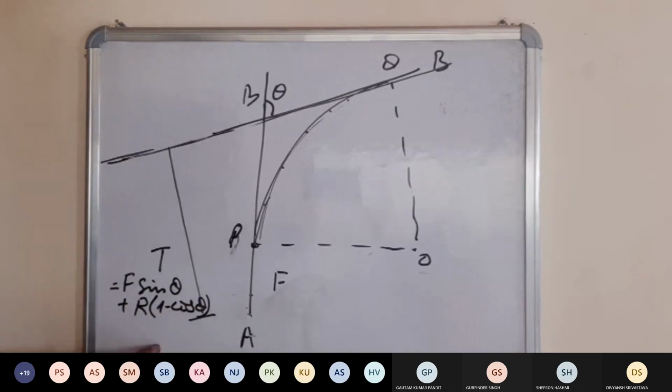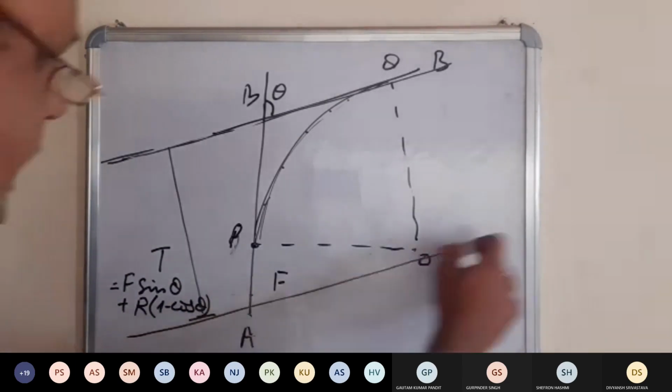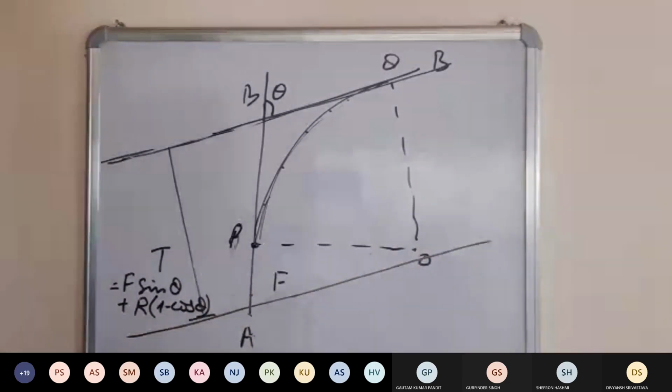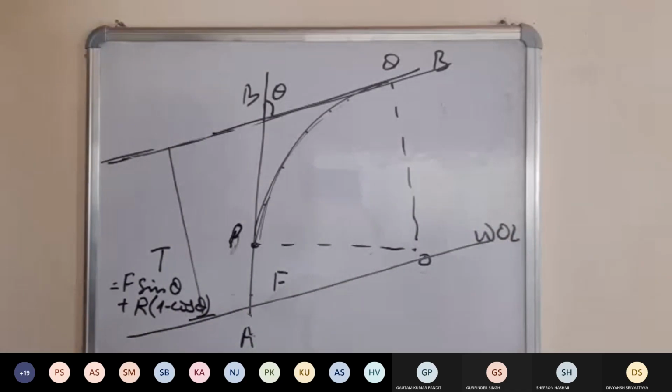At a distance away from here, we calculate this value and we draw a line like this, parallel to the final course, another line which we are calling the wheel over line, where it is intersecting the initial course.